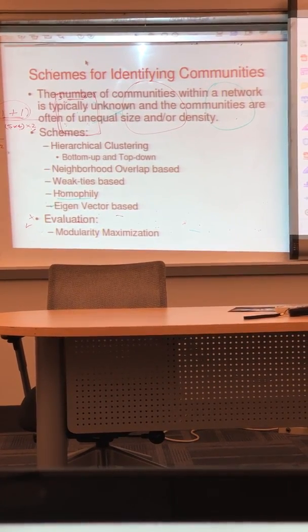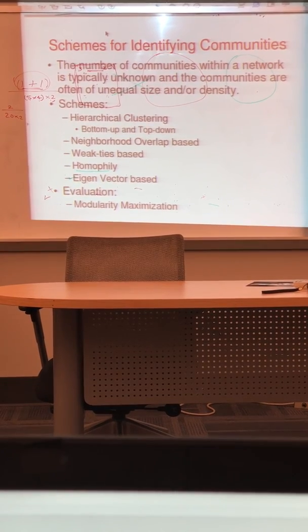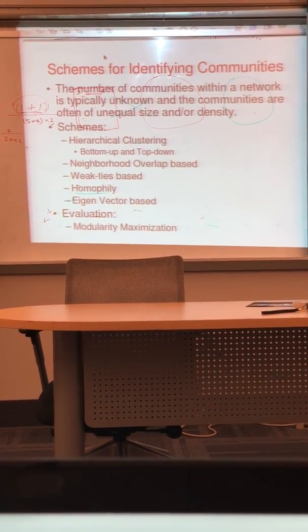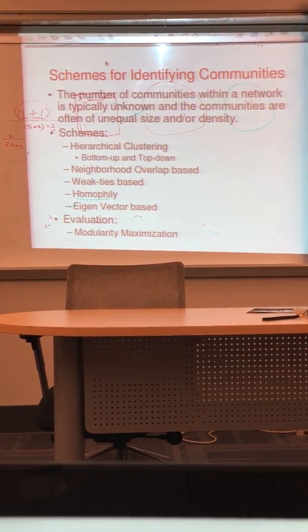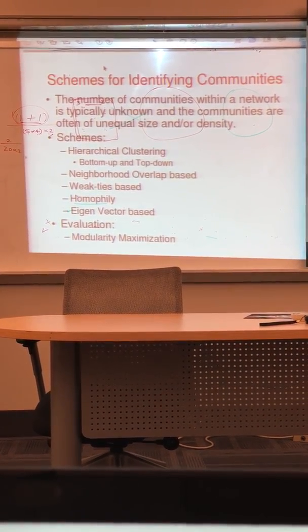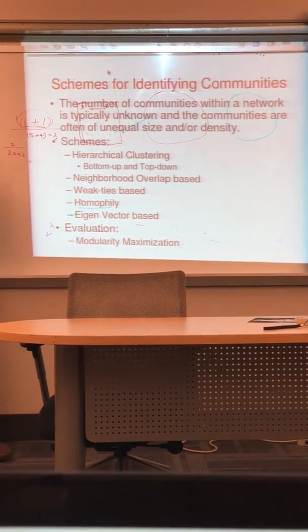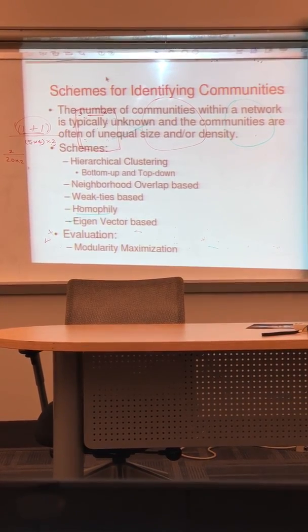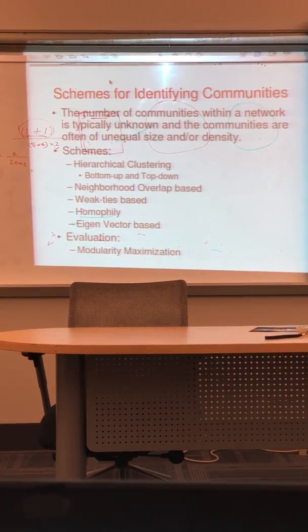If you know some additional information about the people in communities, like in social networks, we try to see whether similar people exist as one community, whether there are more edges between them compared to other people. The other 3 approaches do not use any offline information; they are only topology based, just based on the edges between vertices.